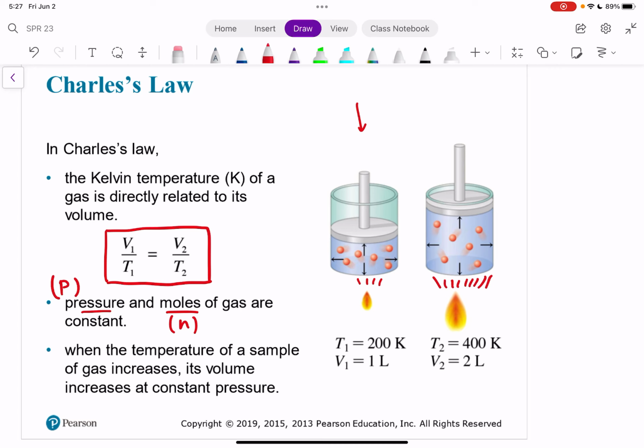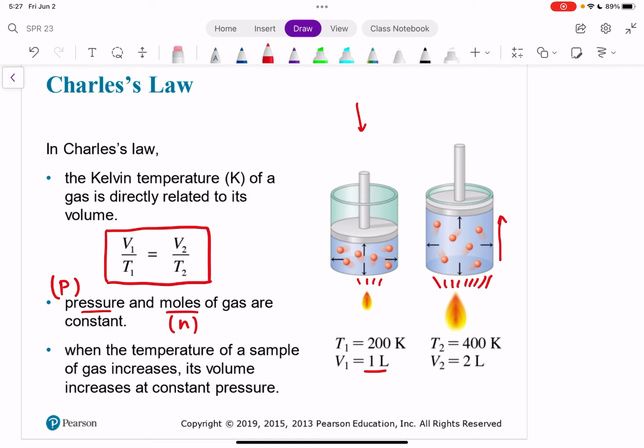So now you can see, because we can move that piston up, right? As we're heating up our gas, we're giving those molecules lots of energy. They're going to start rapidly colliding with each other and with the container, and that's going to push that piston up because of the increase in volume.